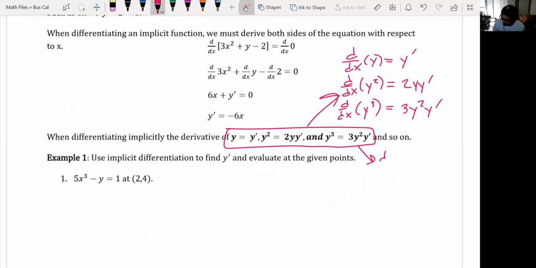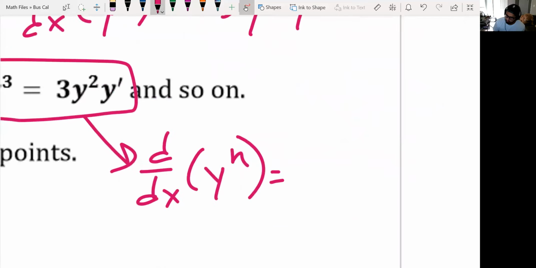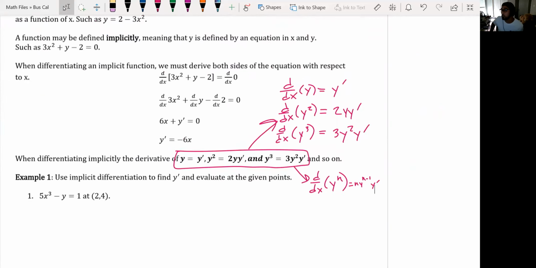And then we can make one more important property for any other power. We can say d over dx of y to the nth power will become n times y to the n minus 1 times y prime. That's it. And we will follow this key throughout the whole notes.